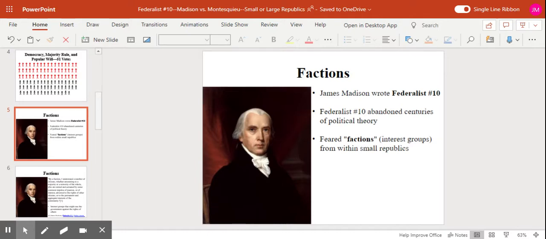Now, he's dealing with this issue of factions, which are interest groups, which he will define and explain that one of the issues of small republics, in his estimation, is that within small republics, it is easier for interest groups to form and influence the government against the rights of other citizens.